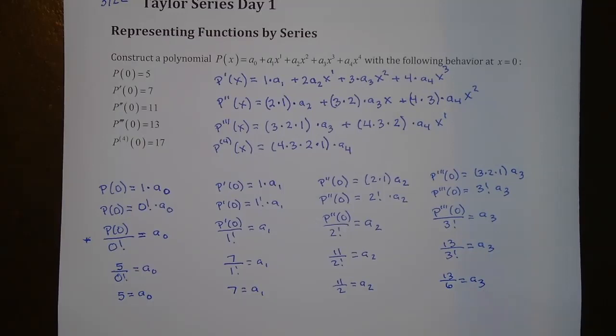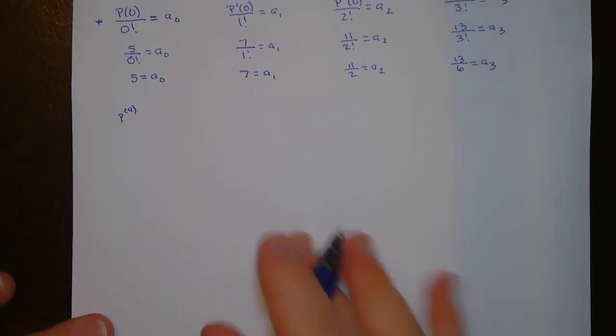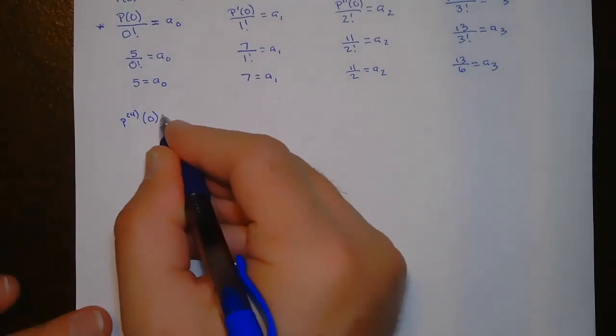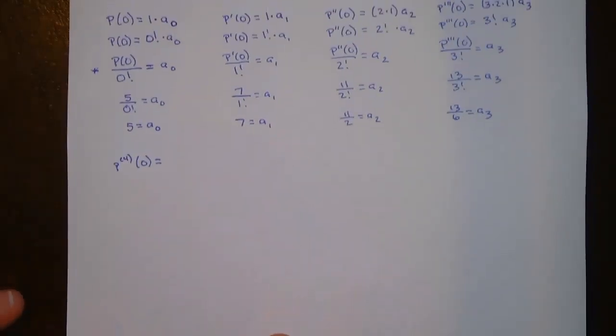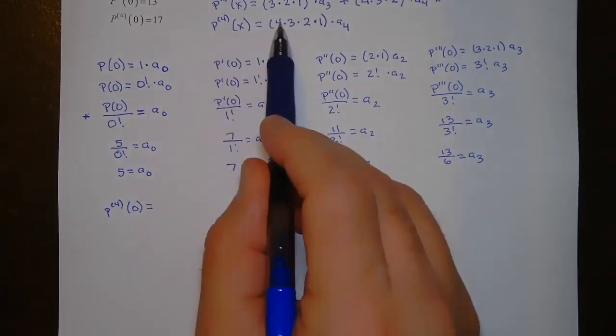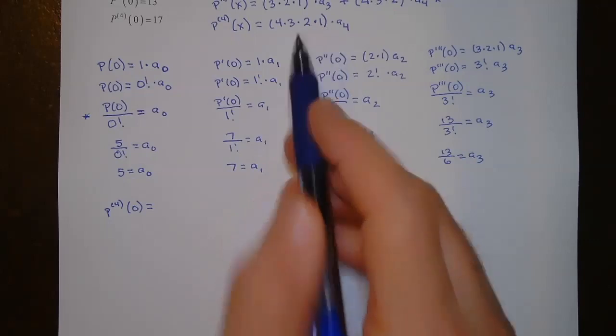Okay, the last one we have is a sub 4. We know the fourth derivative at 0 is equal to, I'm going to slide it down so we can look at that fourth derivative, 4 times 3 times 2 times 1 times a sub 4, right?